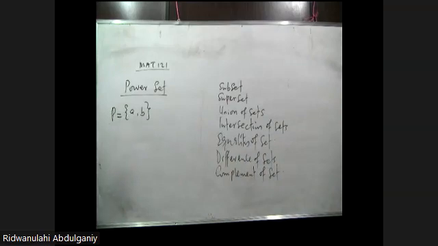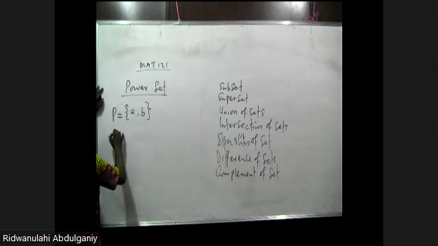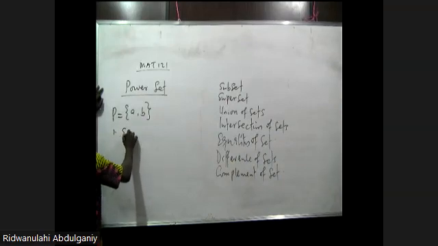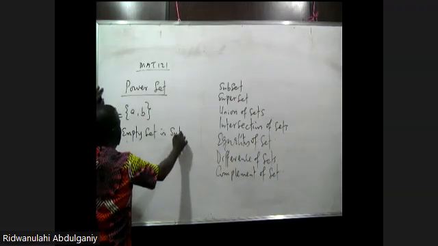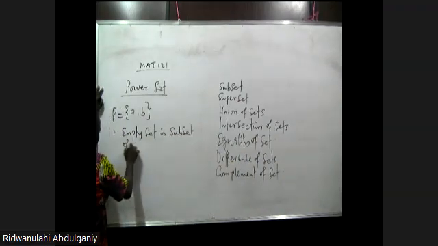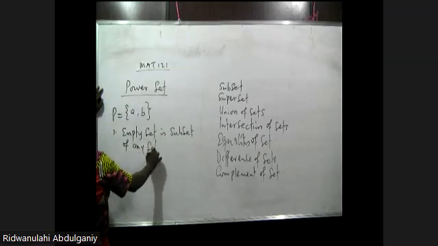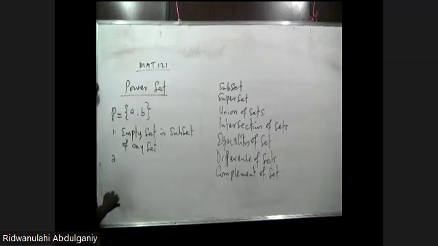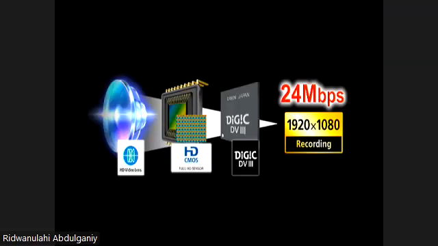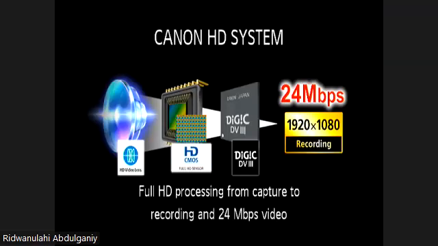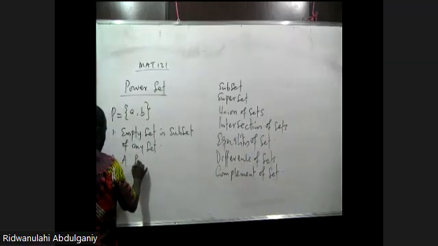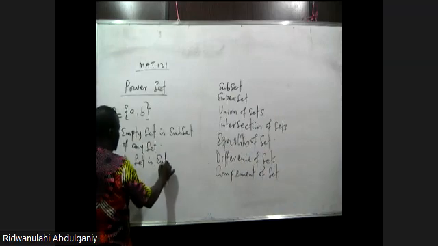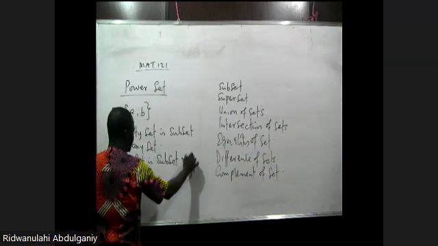And to answer that question, we have to look at the subsets. Number 1, you must know that the empty set is a subset of any set. Number 2, you must also note that a set is a subset of itself.